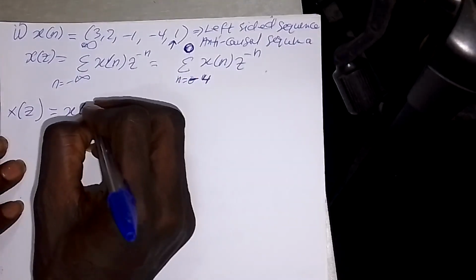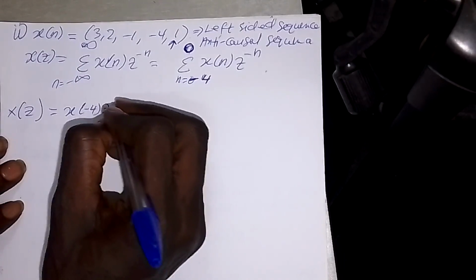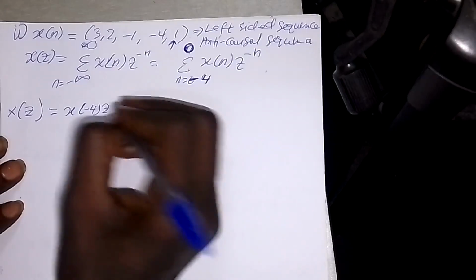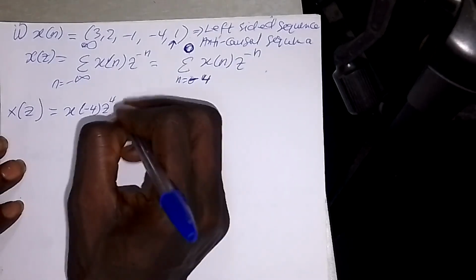So let's start from minus 4. x of minus 4. So the exponent here will be minus of minus 4, which will be plus 4. So I'll just put plus 4 here.